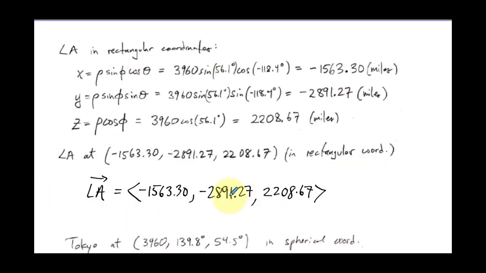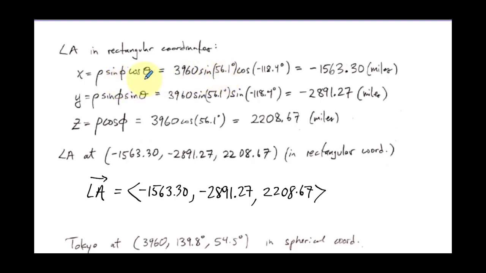So the next thing I'm doing here is using my rectangular coordinate conversion formulas, and I'm just plugging in those values that I had for LA and Tokyo. So of course the radius of the Earth, rho, is 3960. The angle phi, that was the colatitude, that was 56.1.